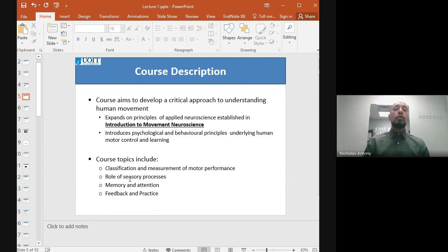We're going to look at the role of different sensory processes in our ability to achieve different tasks. So is vision important? Is proprioception important? How do things change as we get better at something? Do we use different sensory processes? What happens if you learn using a particular type of feedback and that's gone? Are you now not able to do it, or can you adapt?